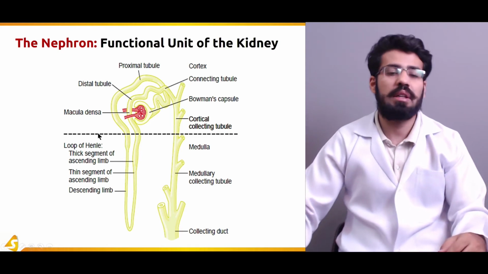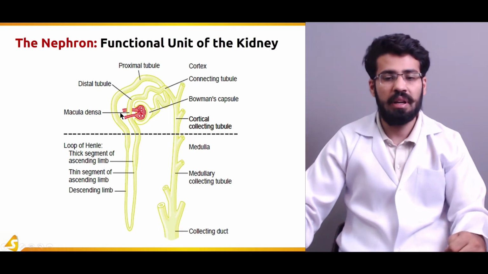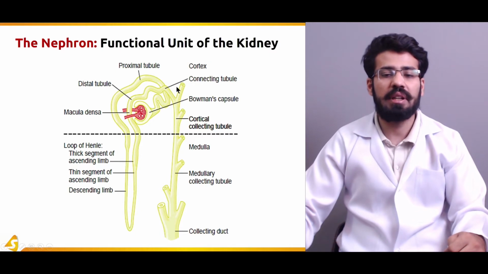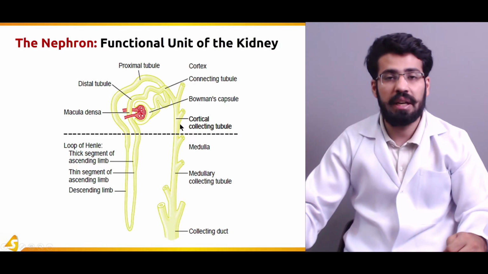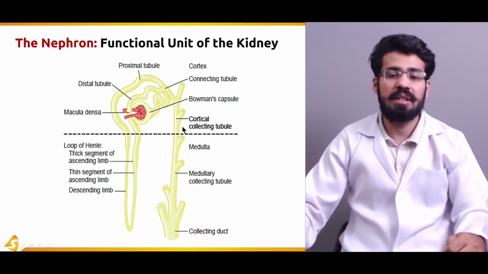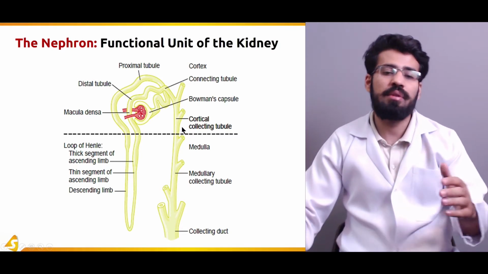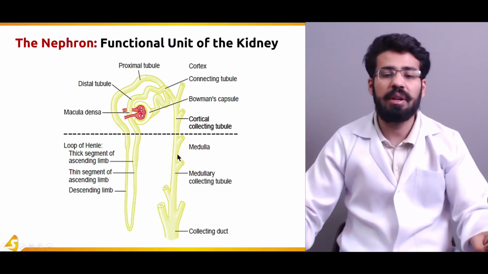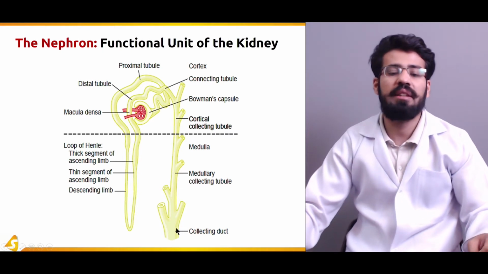We're going to discuss in detail how. This then ultimately forms the connecting tubules, which empty into the cortical collecting tubules. Eight to ten cortical tubules then join to form the medullary collecting tubules, and finally the collecting duct.